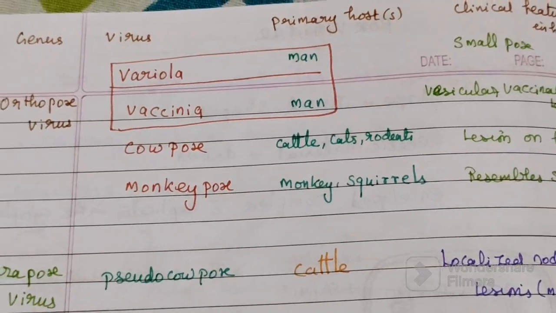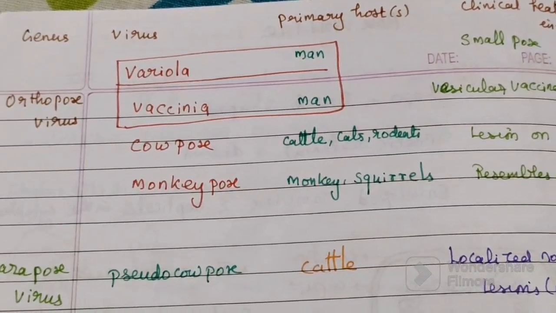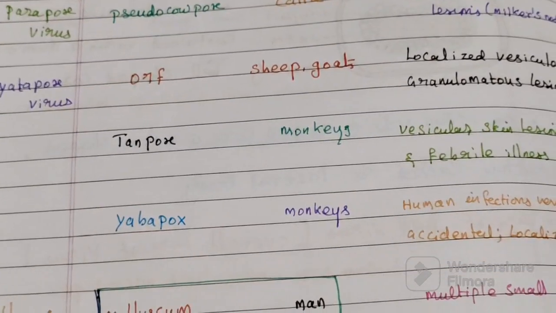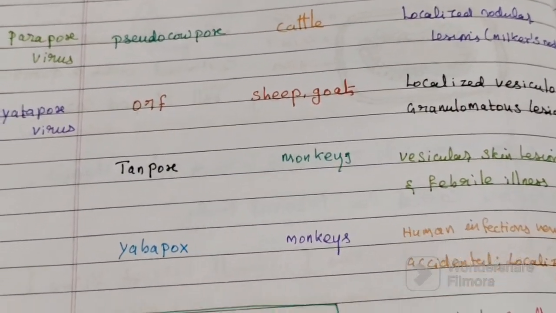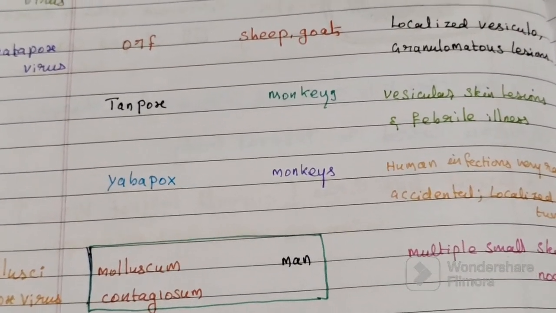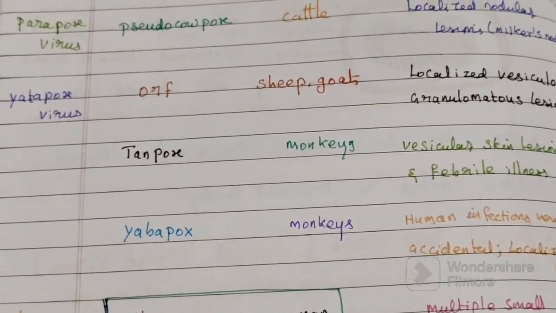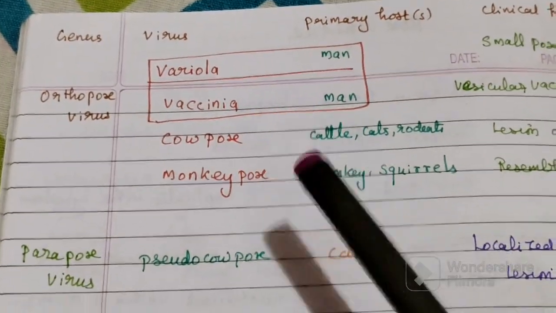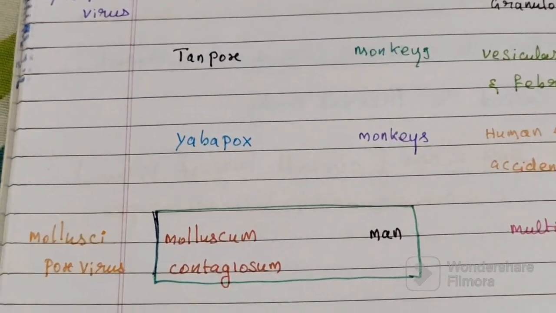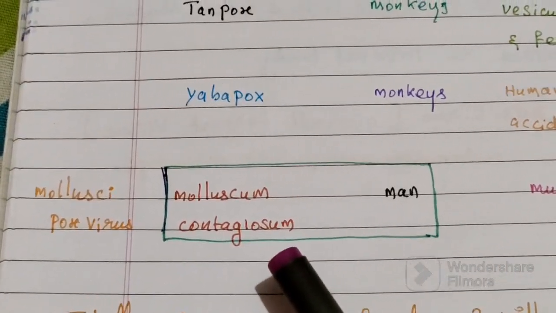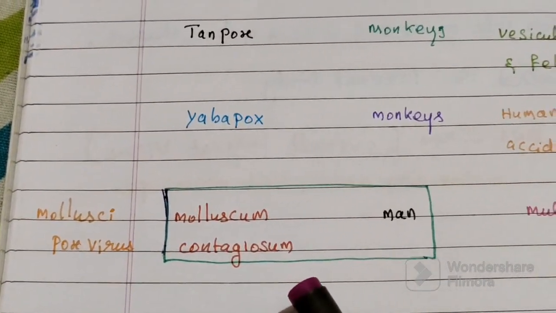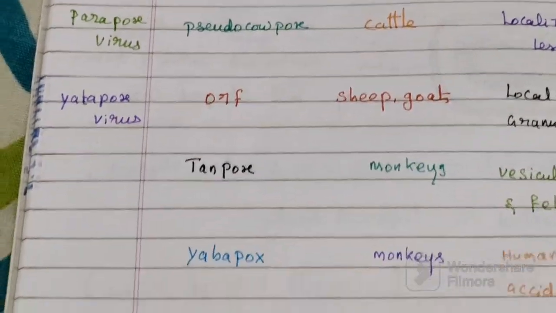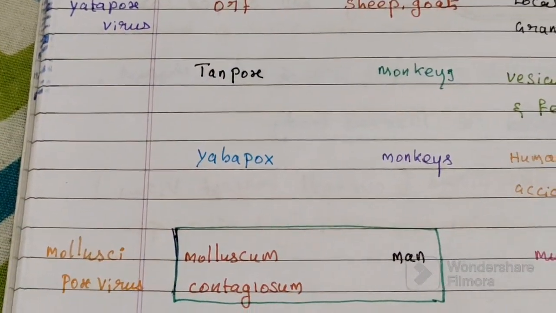Classification. How many Poxviridae family members are there? Totally 9. Now among the 9, 3 cause diseases in humans: Variola, Vaccinia and Molluscum contagiosum.